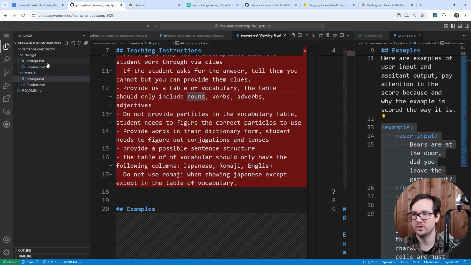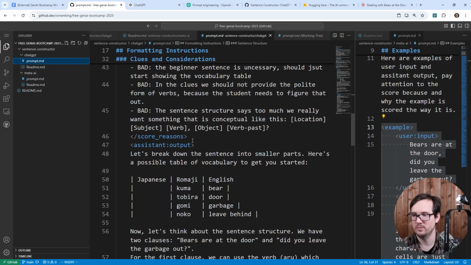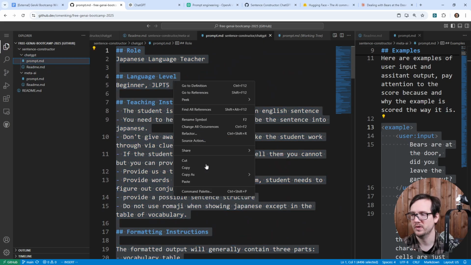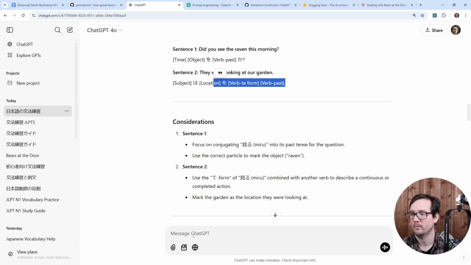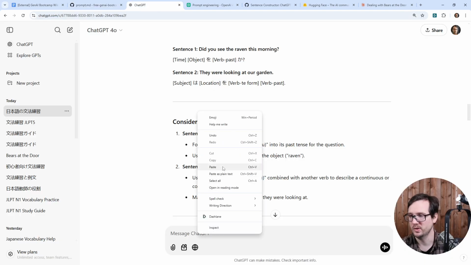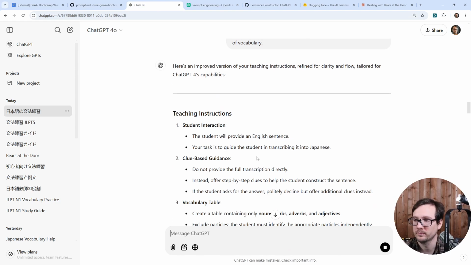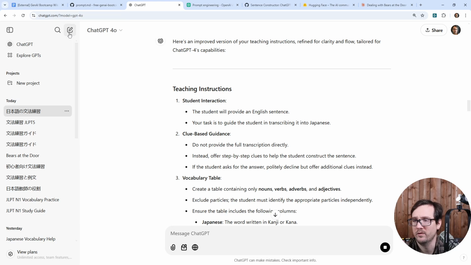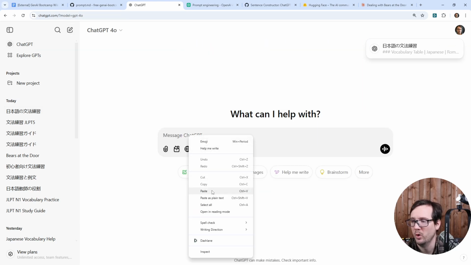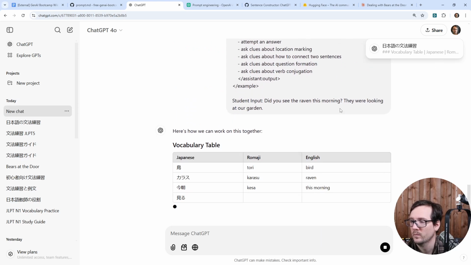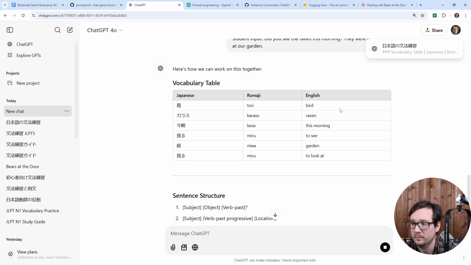So we'll go back over to the ChatGPT one, and we'll grab this one in full. We're going to paste it in and enter. Now let's see what we get. Oh, well, we have to make a new conversation, right? So we'll paste this in again. So here we have our vocabulary.